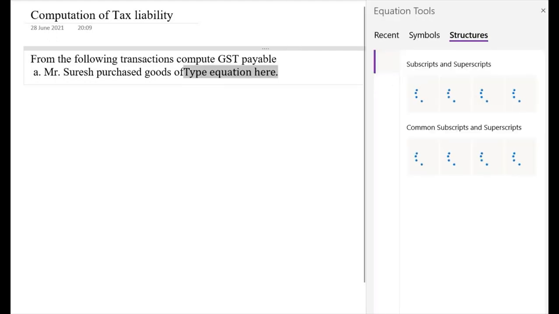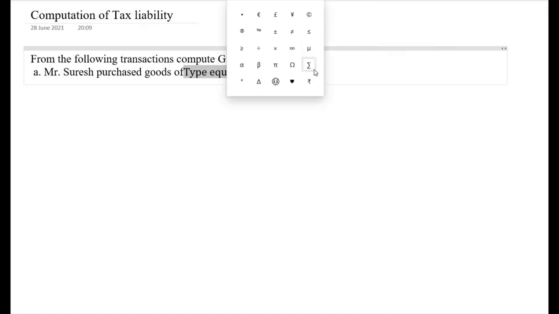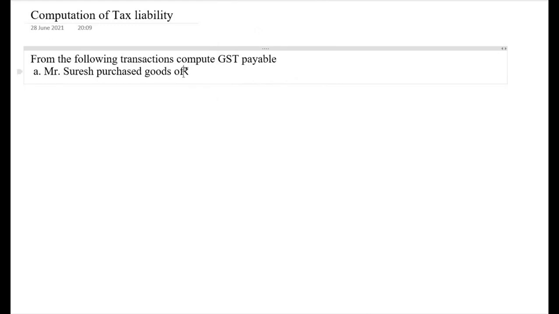Mr. Suresh purchased goods of rupees ₹1,00,000 from Mr. Ganesh, a dealer in Bangalore.